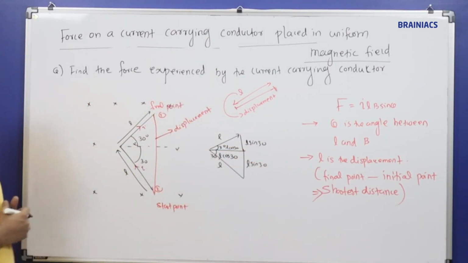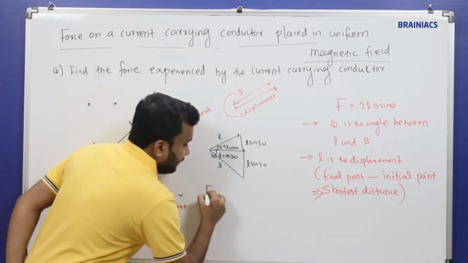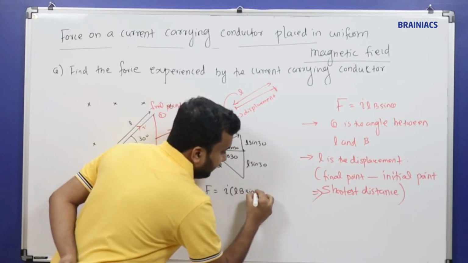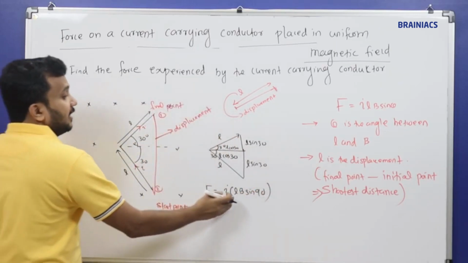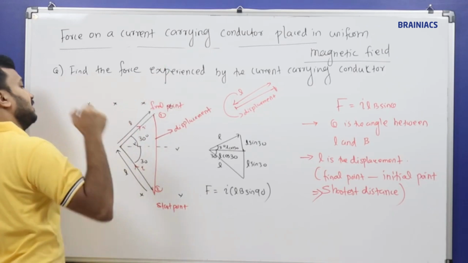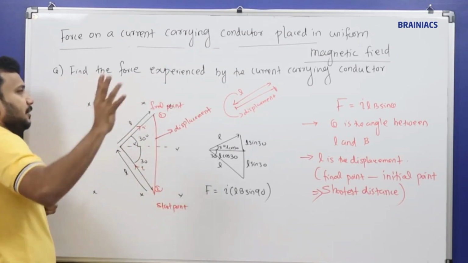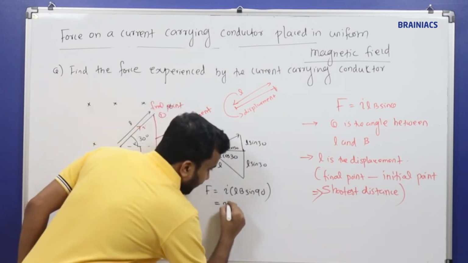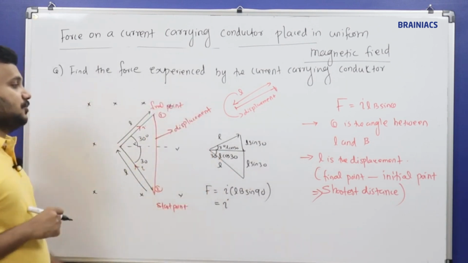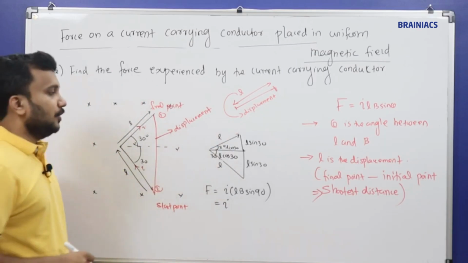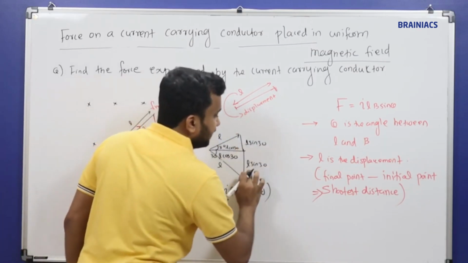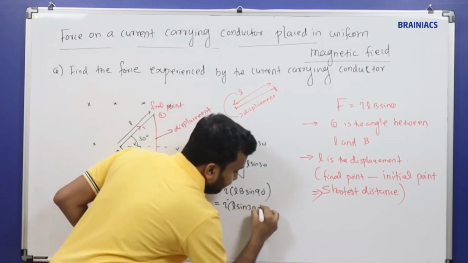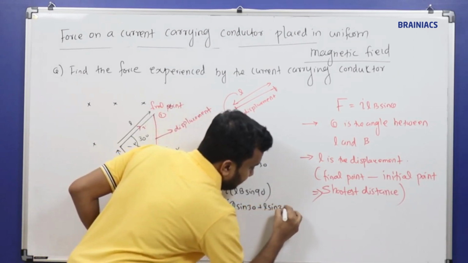So what is your total displacement in this context? F is equal to I into L B sin 90, always the angle between L and B. L is like this, B is into the board, so the angle between them is 90. That is certain. Next, instead of L, you substitute the displacement value, which is L sin 30 plus L sin 30.